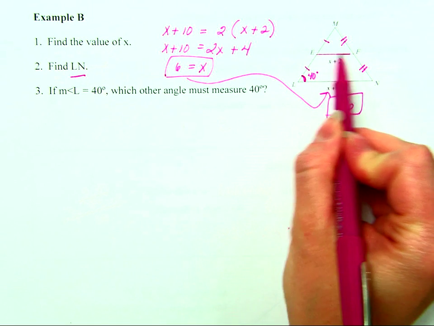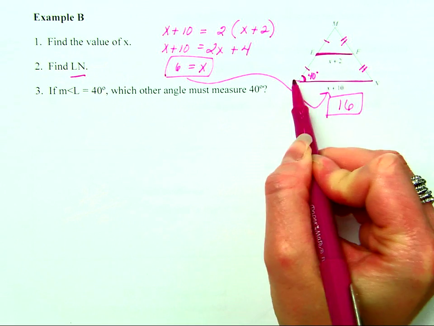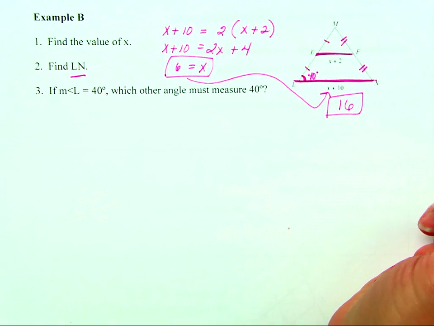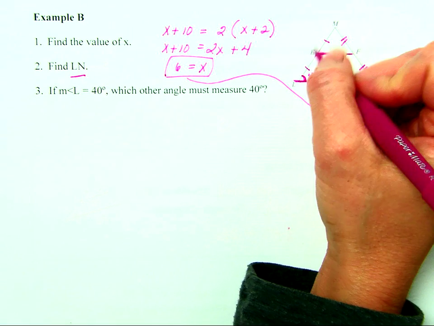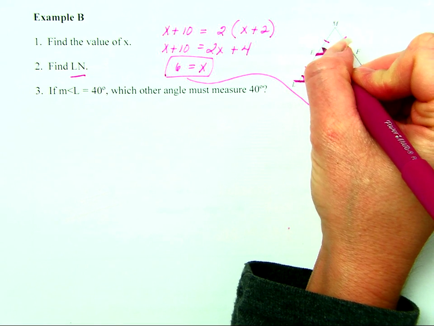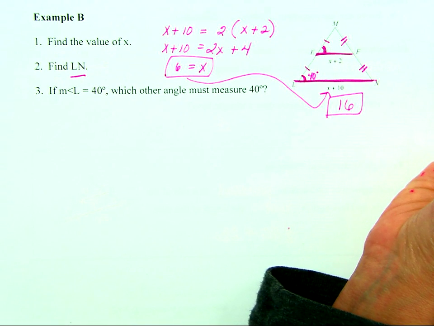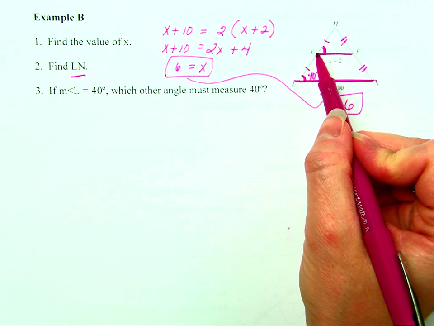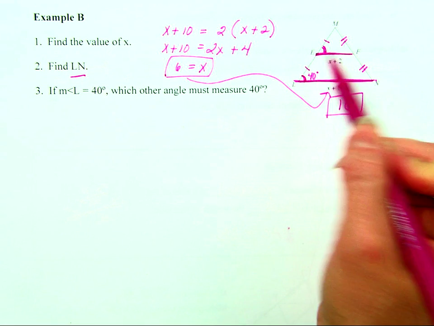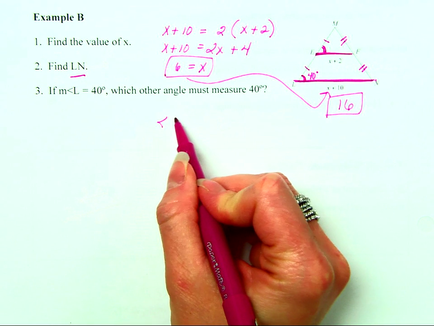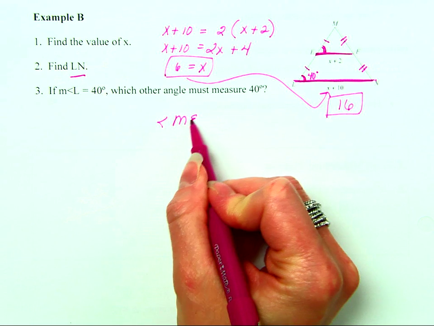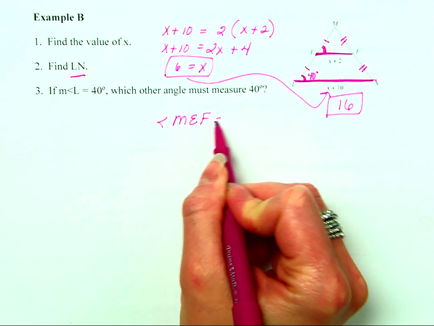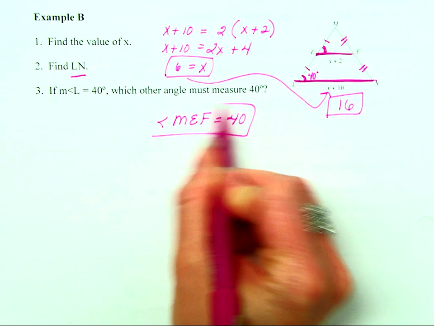But again, because I have some parallel lines, I do have an angle pair. I have some corresponding angles. Corresponding with this 40 degrees would be right up here. Now I'm not just going to say angle E, because there are two angles possible. I'm actually going to say that as the angle MEF. Or I could have said FEM.